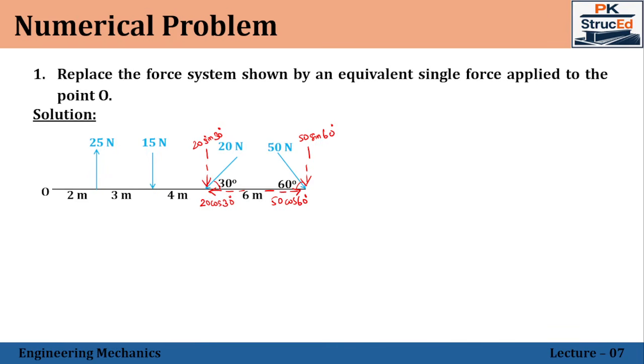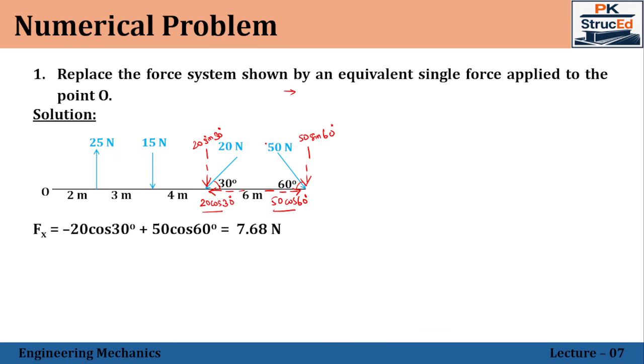Now let us sum up all the forces in the x direction as well as in the y direction. Summing up all the forces acting in the x direction, we get minus 20 cos 30 plus 50 cos 60, which comes to 7.68 Newton positive, which means that the net force in the x direction will be acting towards the right.